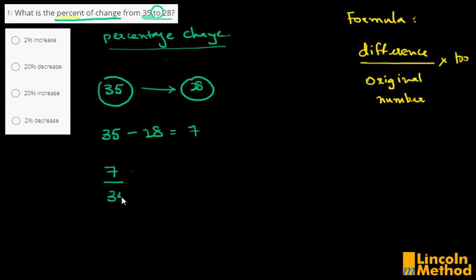So 7 over 35. And as I said, we're dealing with percentages, so we absolutely have to multiply it by 100. And this is it. If we solve this, we will get the percent of change.